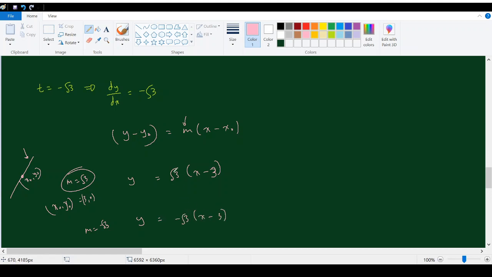Now see, all the other terms are very much equal, but not the slope of the tangent. So this has a positive slope, this has a negative slope. When a certain straight line has a positive slope, it takes this shape, and when it has a negative slope, it takes this shape.